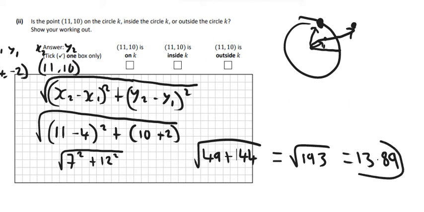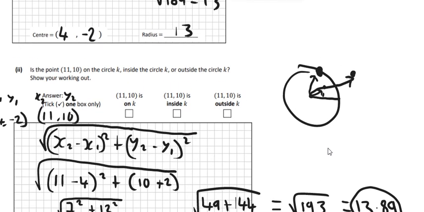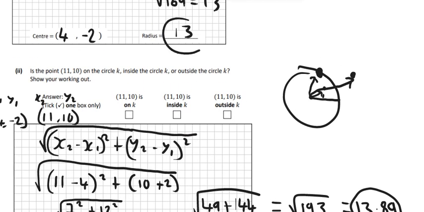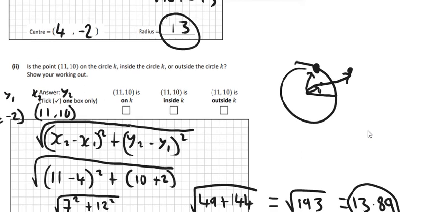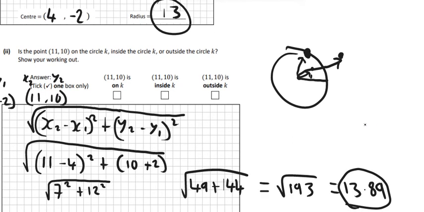That distance is longer than the radius, so the distance from the center to the point means the point has to be outside the circle. So it's outside there.